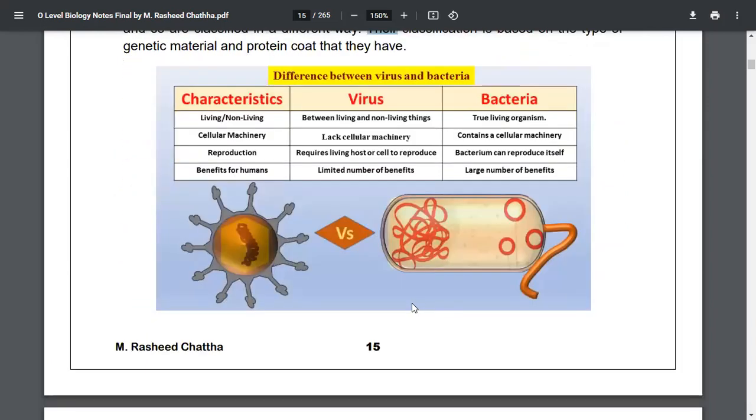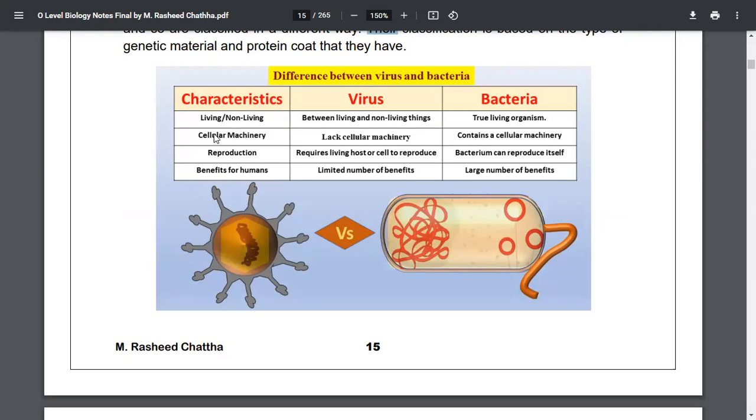Now, here is a comparison between the characteristics of viruses and bacteria. What are the characteristics of viruses and bacteria, whether they are living or non-living? Viruses are placed between the living and non-living, and bacteria are true living organisms.